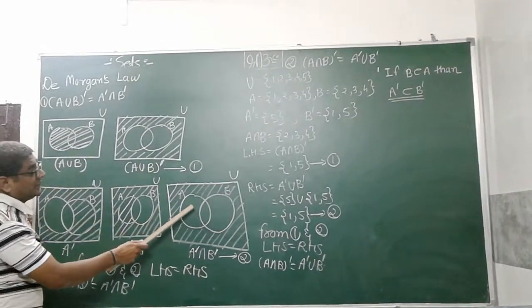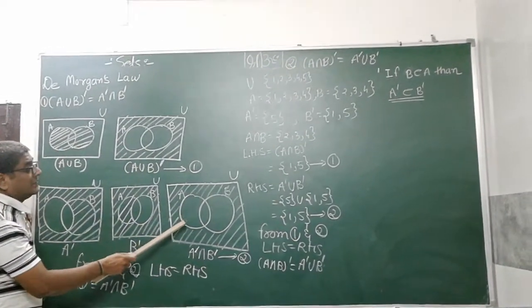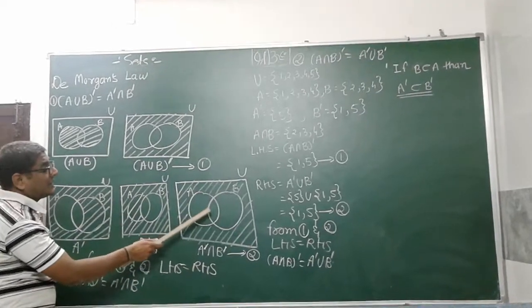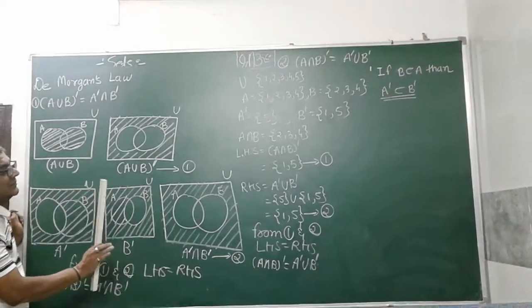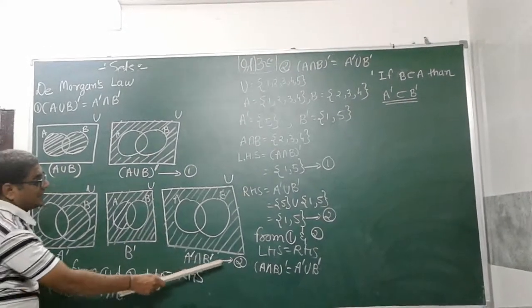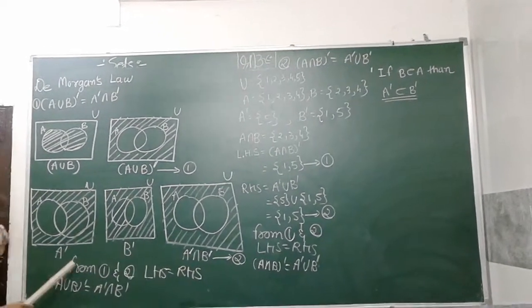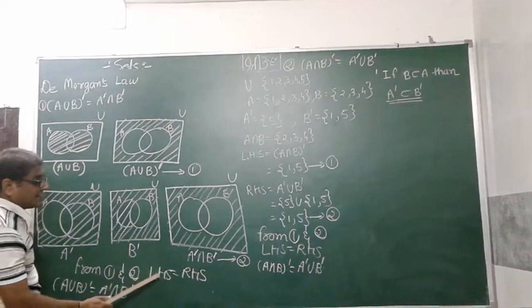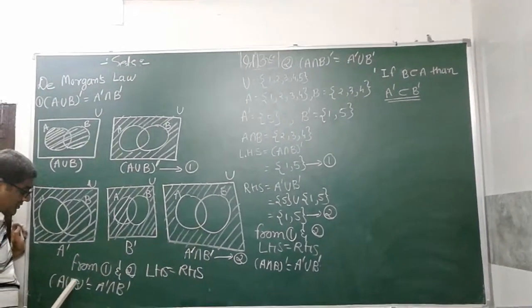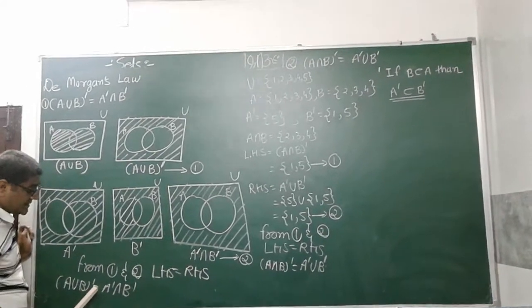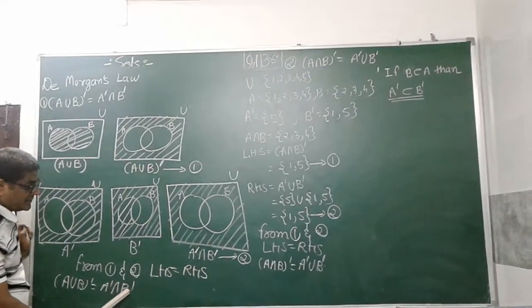The common portion is the part inside the rectangle but outside the circle. That is statement number 2. So from statements 1 and 2, LHS is equal to RHS. Hence, (A union B) whole complement is equal to A complement intersection B complement.